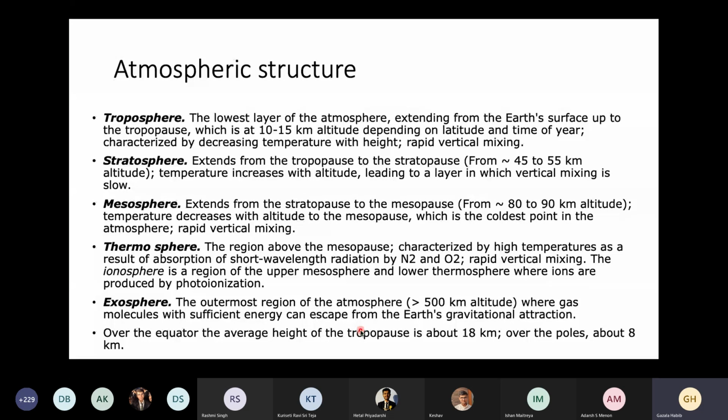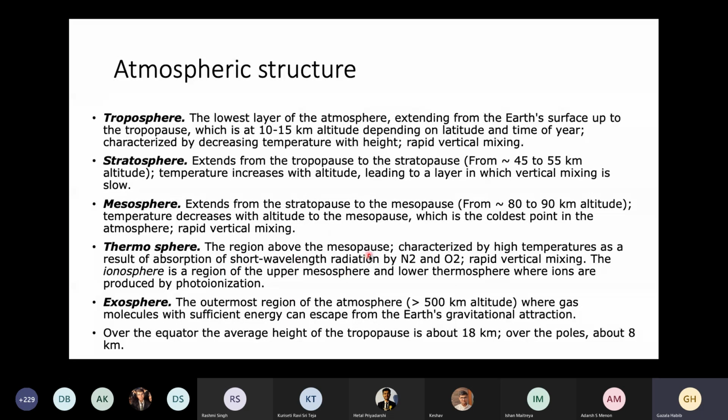You are very correct what you have told, that whatever atmospheric composition is responsible for absorption of solar radiation, and therefore the change in temperature, but this gets disturbed because of the pollution. So stratosphere, we know that it extends from 45 to 55 kilometer, mesosphere 80 to 90 kilometer, thermosphere, this is very interesting part.